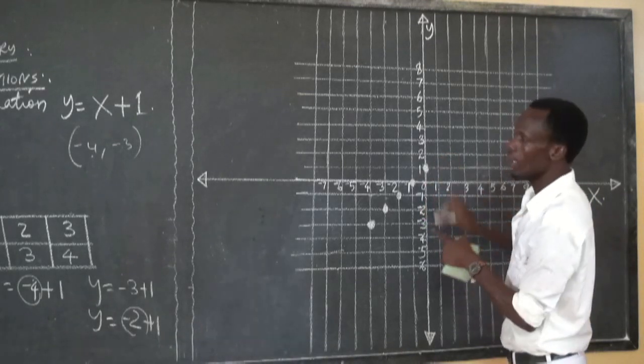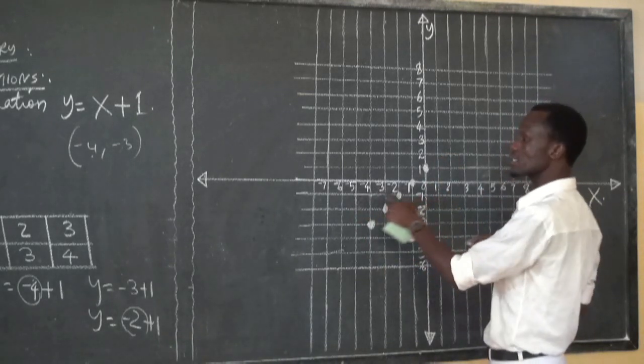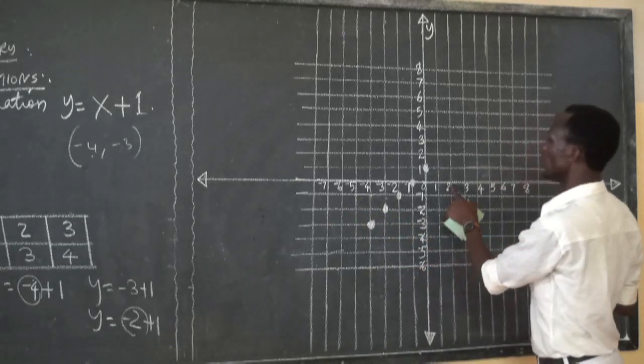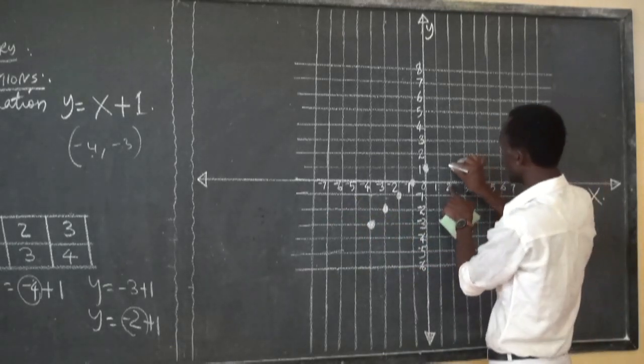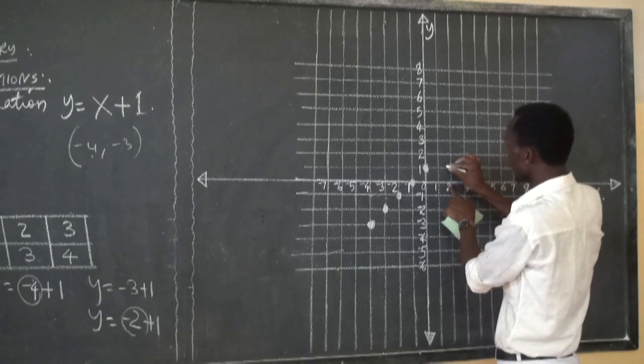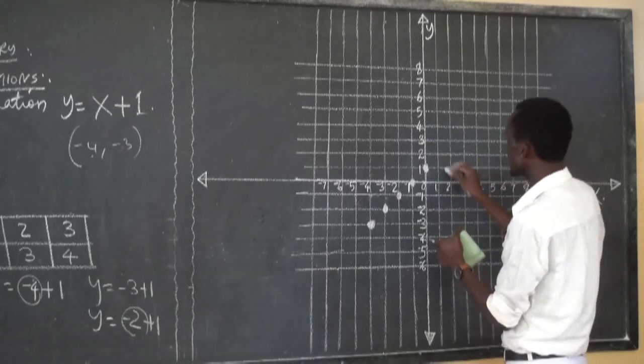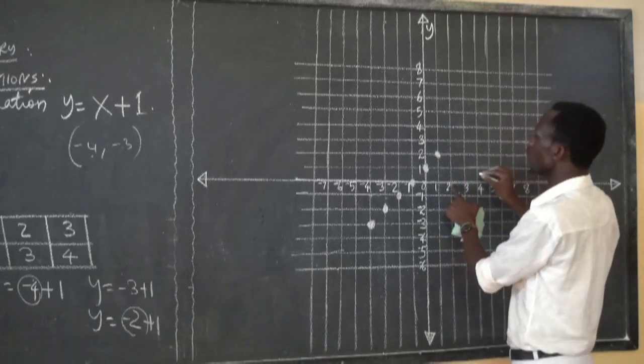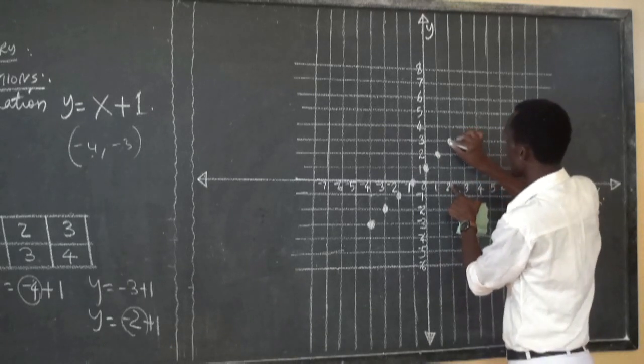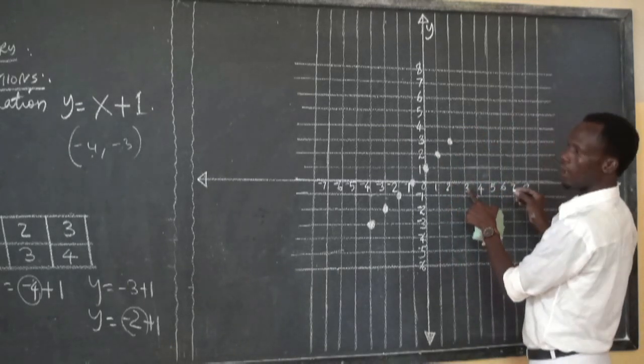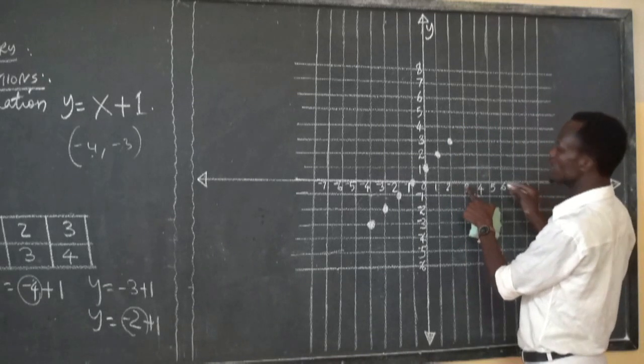Here it is. Then you have x is 1, then y is 2. Right here. X is 2, y is 3. Right here. Then x is 3, y is 4.